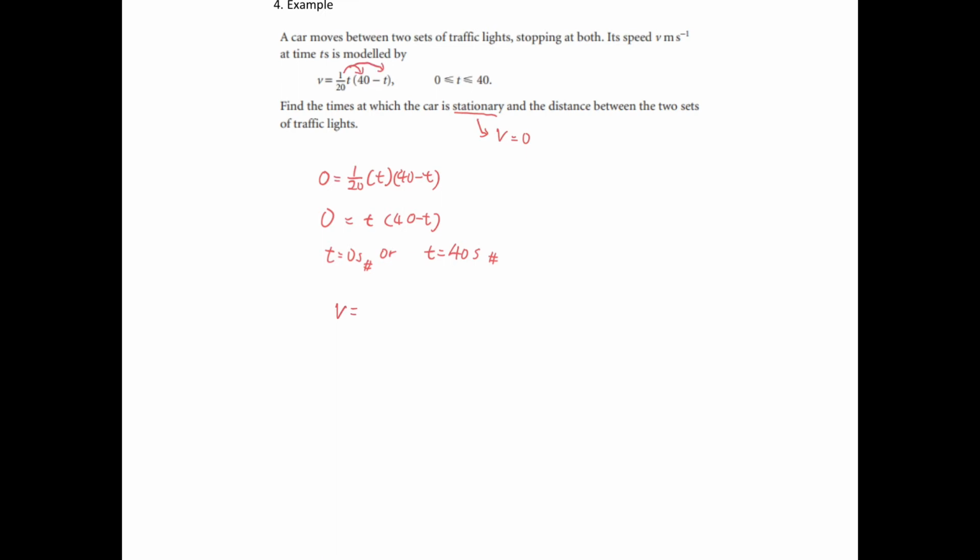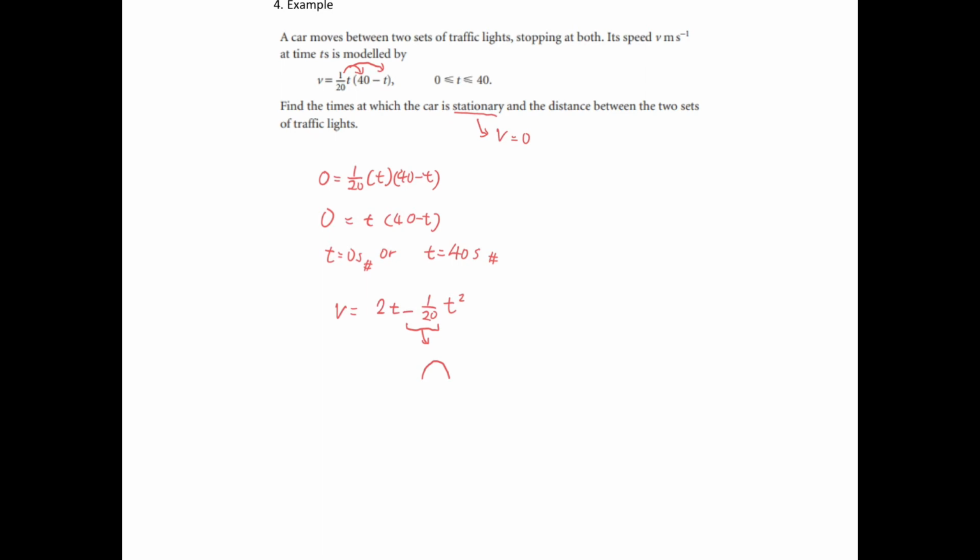So I will get 2t, because 40 divided by 20 is 2, minus 1 over 20 t squared. What I am trying to say is the t squared term takes a negative coefficient, and because of that, the graph should have this kind of shape. We call this a sad face graph.